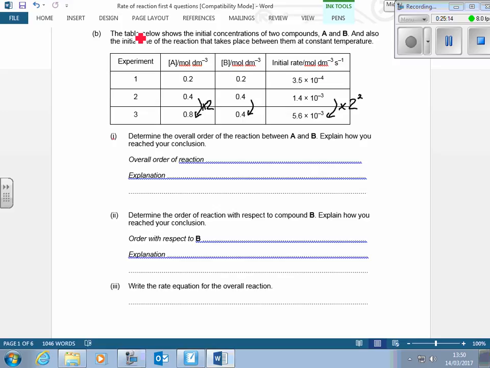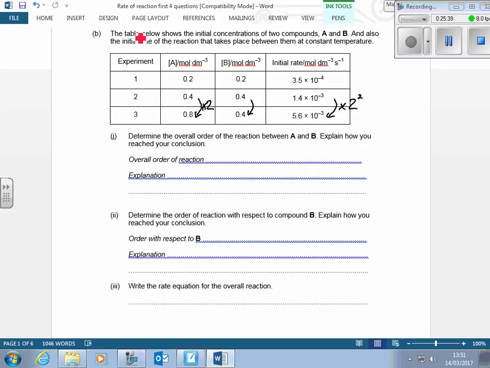Oh, right. No, we're being asked for the overall. Determine the order with respect to compound B. I'm easily confused. It's the same thing. If you double A, which we've done there, it goes up by 2 to the power 2.